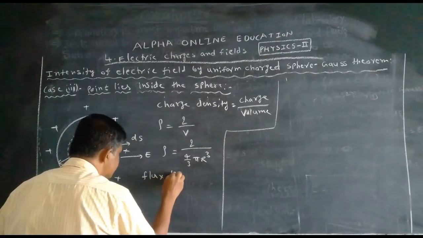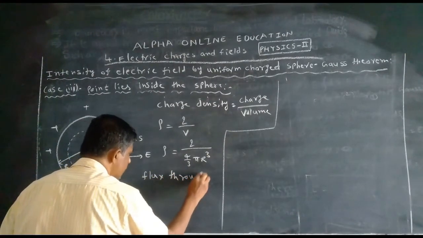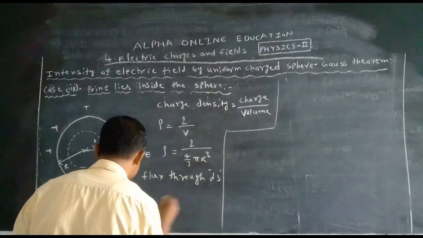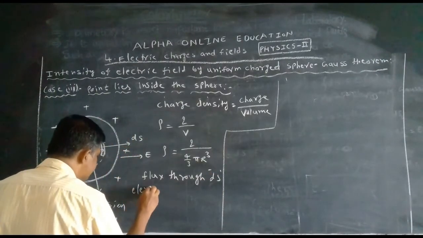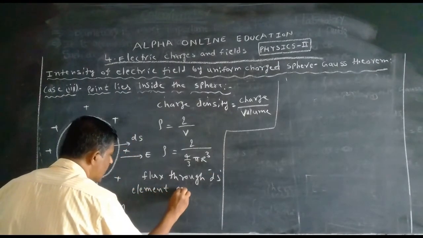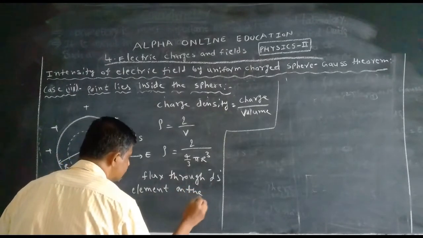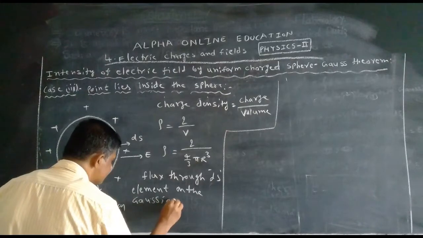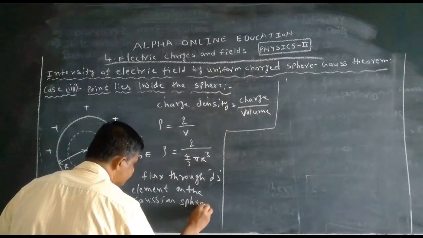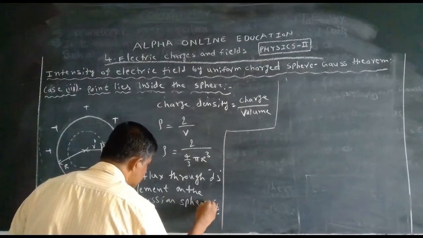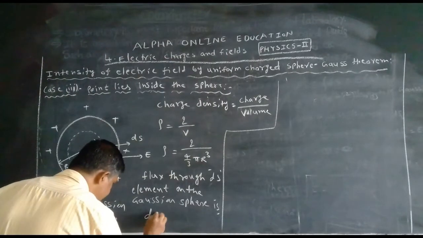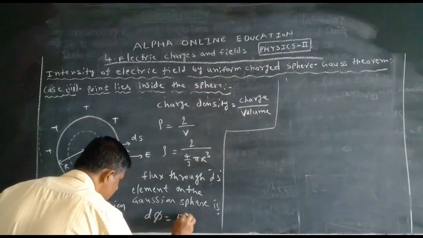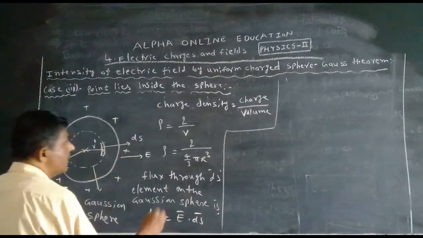Flux through the ds element on the Gaussian sphere, how can we write? d phi is equal to E bar dot ds bar.